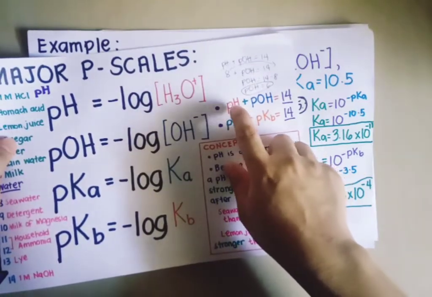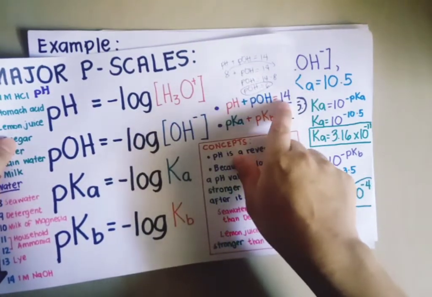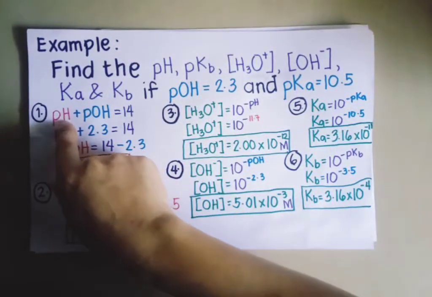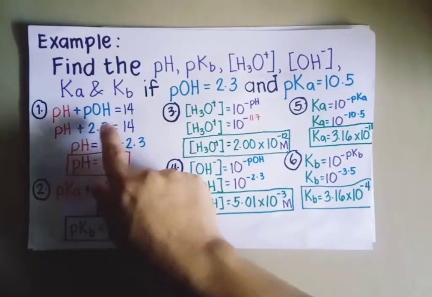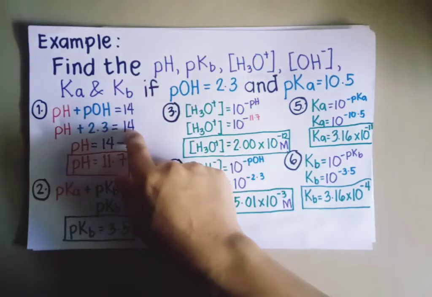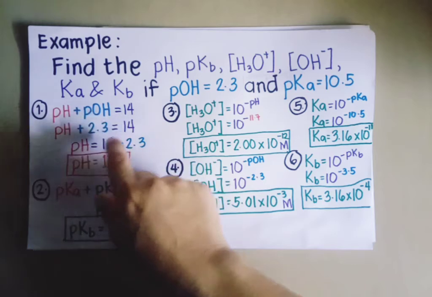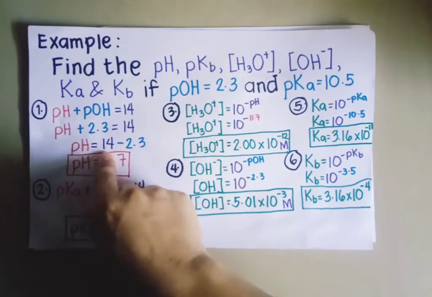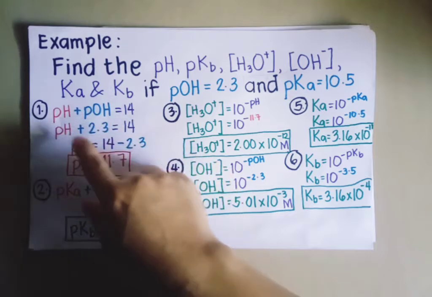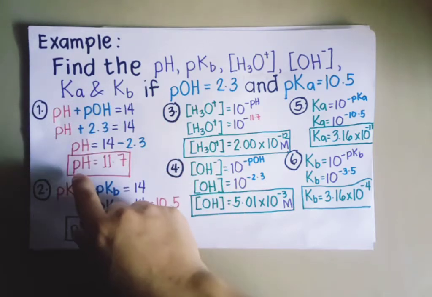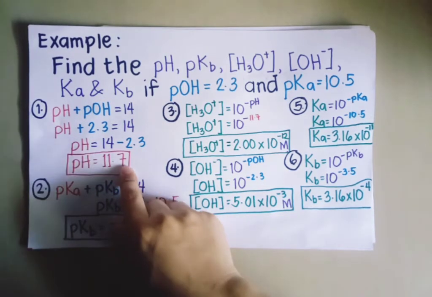Remember that when we add pH and pOH, that is always equivalent to 14. So pH plus pOH is equal to 14. pH plus 2.3, which is our pOH, is equal to 14. By transposition, pH is equal to 14 minus 2.3. From positive, it became negative because we transposed the value. And pH is equal to 11.7.